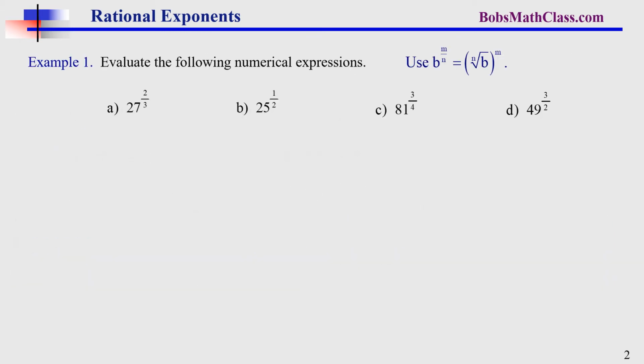Okay, so here's some examples. 27 to the 2/3. Remember, the bottom number is going to be your index, and the top number is going to go outside of the parentheses. And the 27 is going to go inside the radical. That will be the radicand.